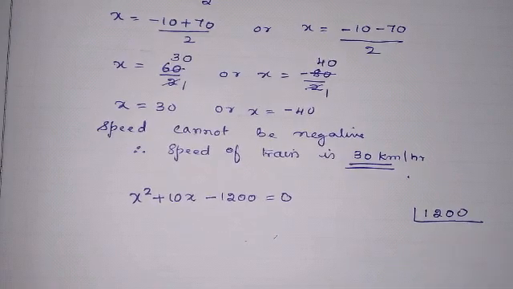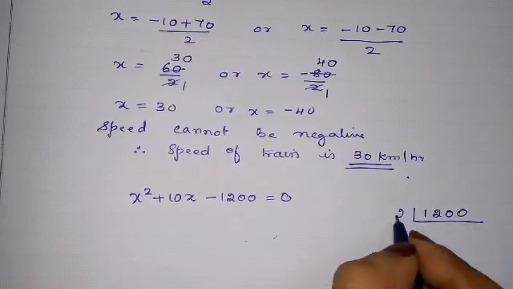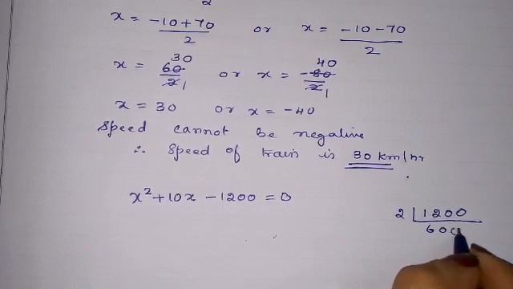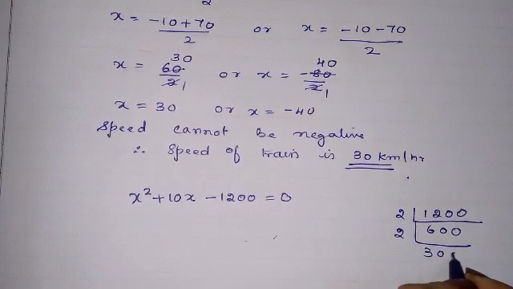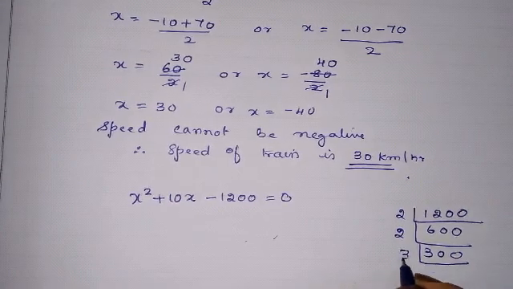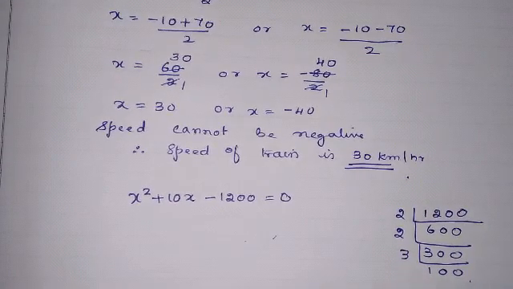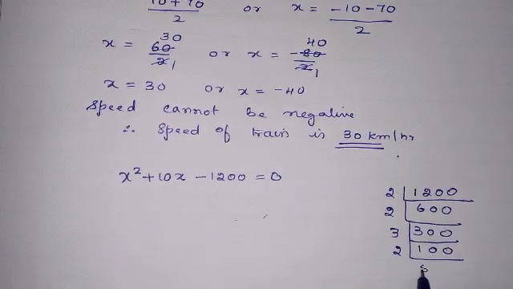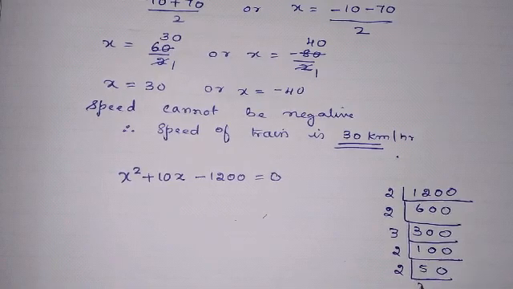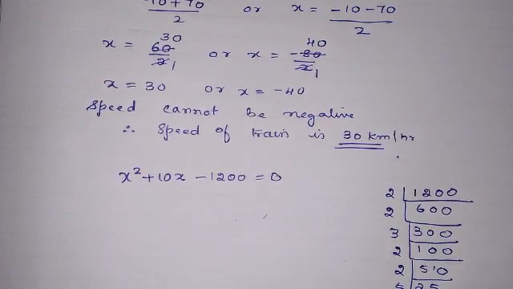factors we have to find. Now 12 with zeros as it is, 2 sixes are 12, 2 threes are 6, 3 ones are 3. Then again 2 fives are 10, 2 twos are 4, 5 fives are 25, 5 ones are 5.